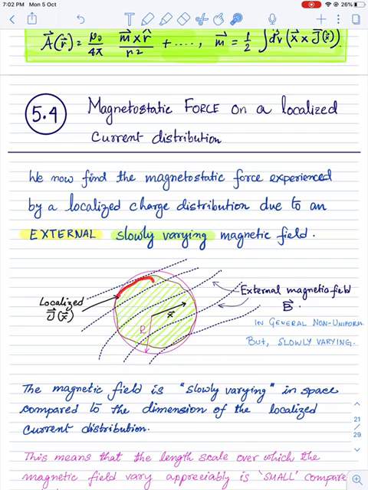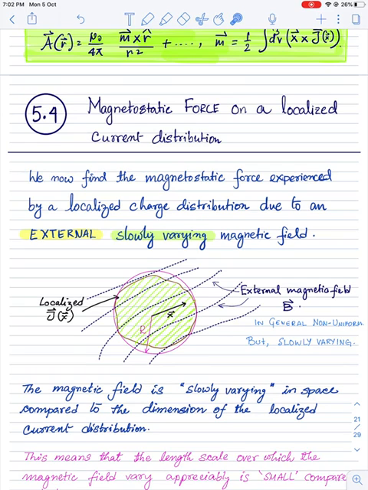Now, you can ask a very similar question in electrostatics as well. You have a given charge configuration or charge density in electrostatics, and you put it in some non-uniform electric field. Then you can ask whether or not it experiences any net force.